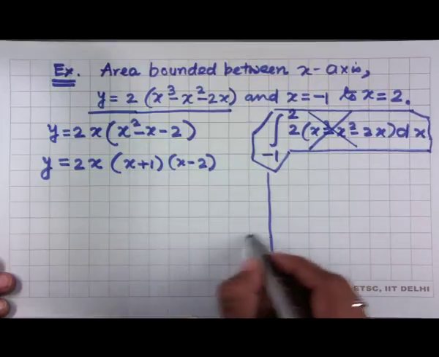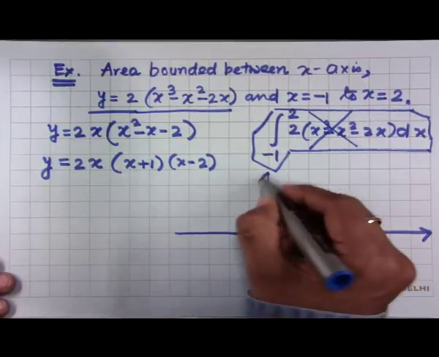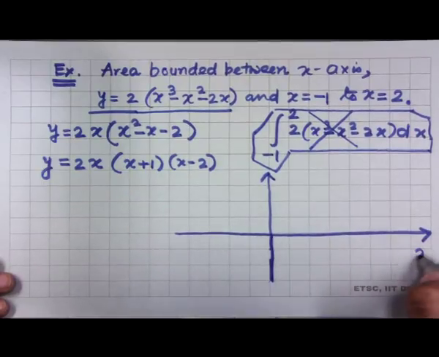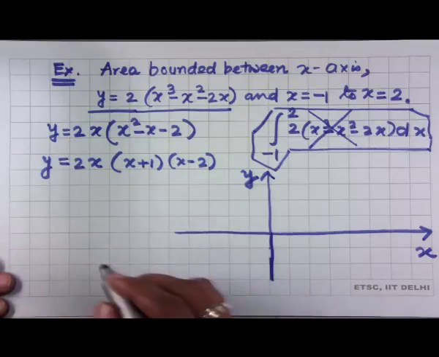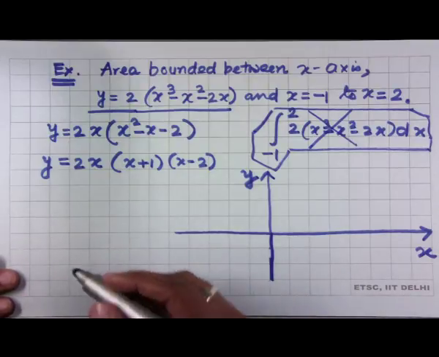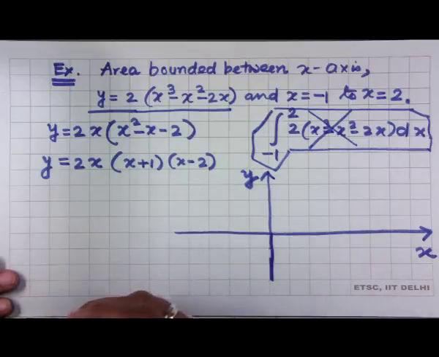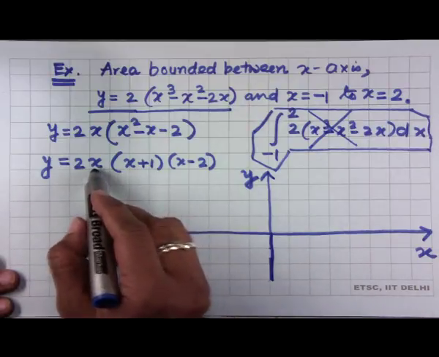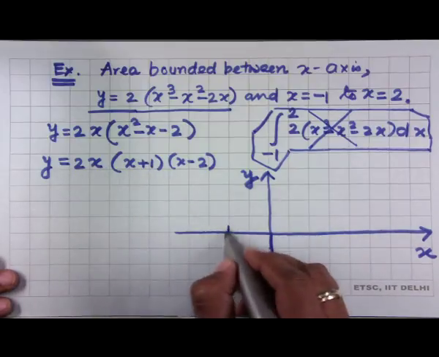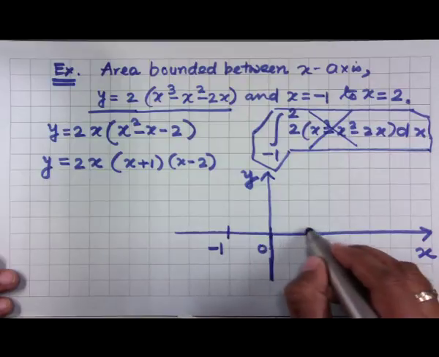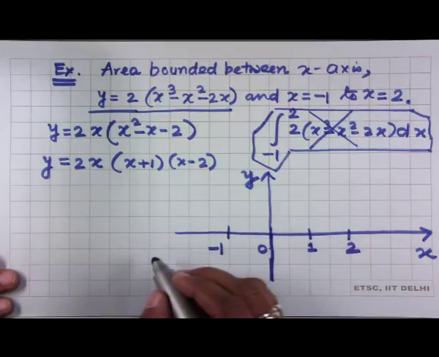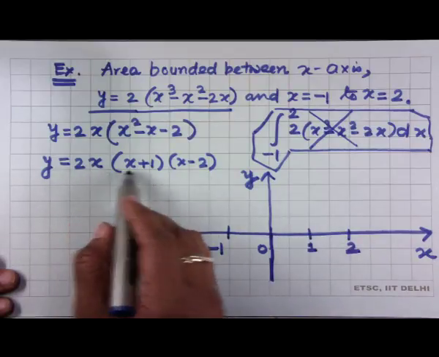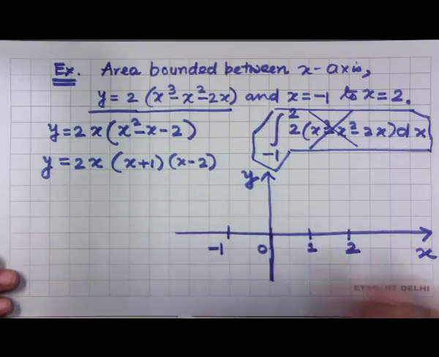So, let us try to plot it roughly, so that we have some idea where the area is above the x axis and where the area is below the x axis, since it vanishes at x equals 0, minus 1 and 2. So, let us draw these points minus 1, 0 and 2. At these points the curve is taking 0 value, that means it is crossing the x axis.